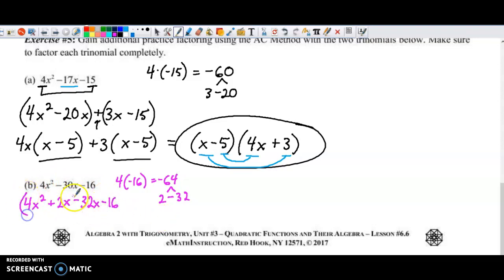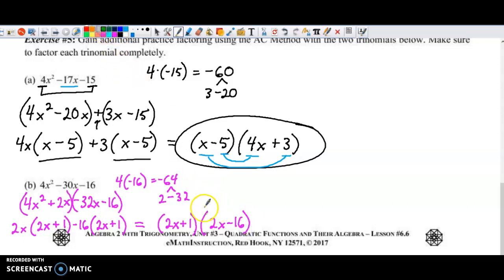So if I group the first two things together, the greatest common factor there is 2x, and I'm left with 2x plus 1. If I look at the next piece, I have a negative 16 that goes into each, and again I'm left with 2x plus 1. I'm going to write my next piece over here, so that equals 2x plus 1, write that once, and my other piece is 2x minus 16.